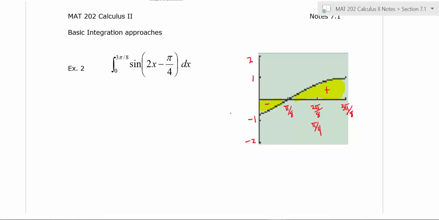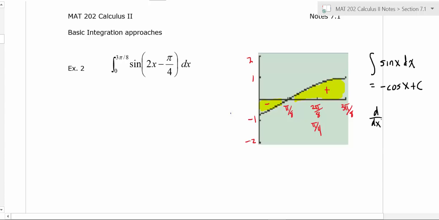Okay, so first of all, this is a U-substitution problem. About all you can really do when you look at the form of this is know that the integral of sine x dx is equal to negative cosine x plus c. And the reason is because if you take the derivative of negative cosine x, the negative is a constant, the derivative of the cosine is negative sine x, so that will give sine x.